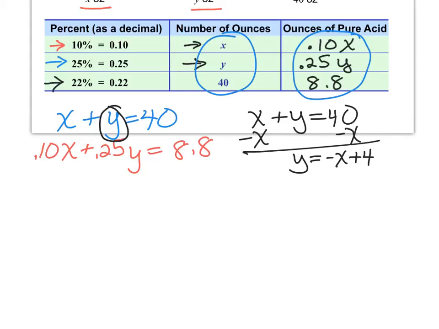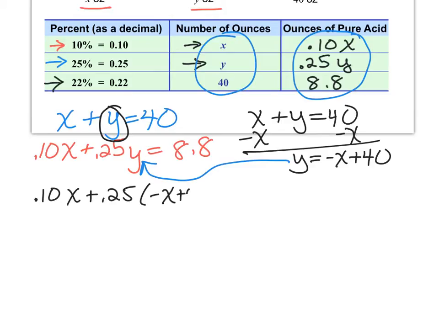You can write it either way. And then you're going to substitute that quantity into the y in the other equation. And the result there would be 0.10x plus 0.25 of negative x plus 40. Again, I replace that y with negative x plus 40, and that equals 8.8.